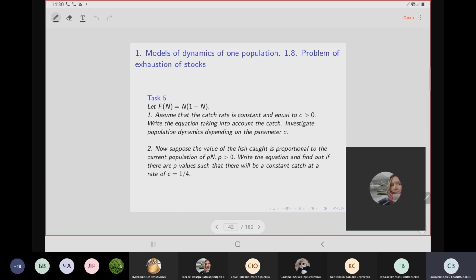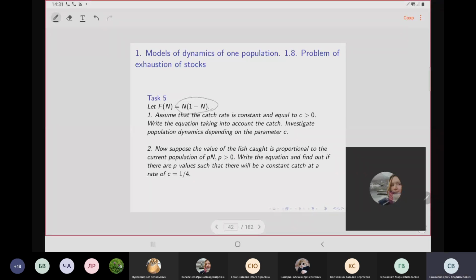A task for you. Consider the function f(n) in this form as (1 minus n) times n, and calculate both of these models, with the constant catch and with a proportional catch.